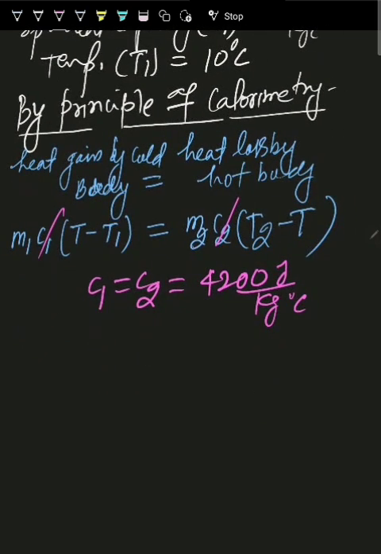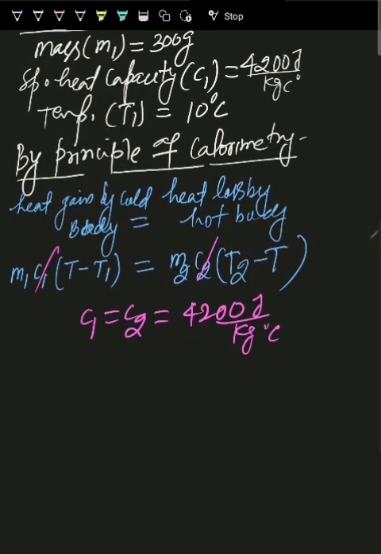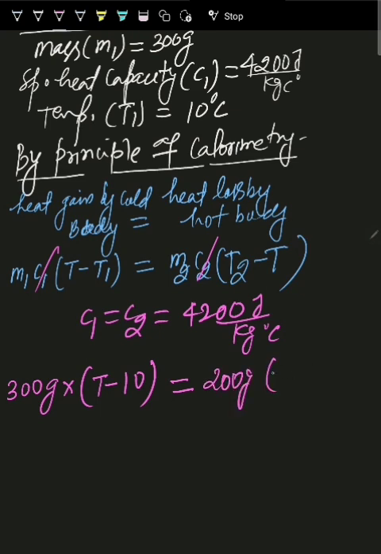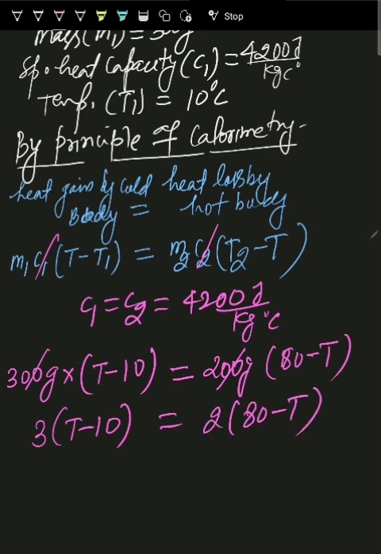M1 we have considered 300 gram, so 300 gram into T, which we don't know, minus T1, which we know is 10 degrees Celsius, is equal to M2, 200 gram, into T2, which is 80, minus T. The 0 and 0 are going to cancel out, so we will get 3 into T minus 10 is equal to 2 into 80 minus T.